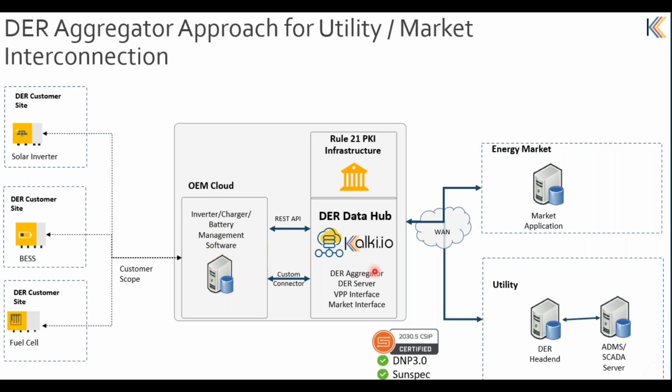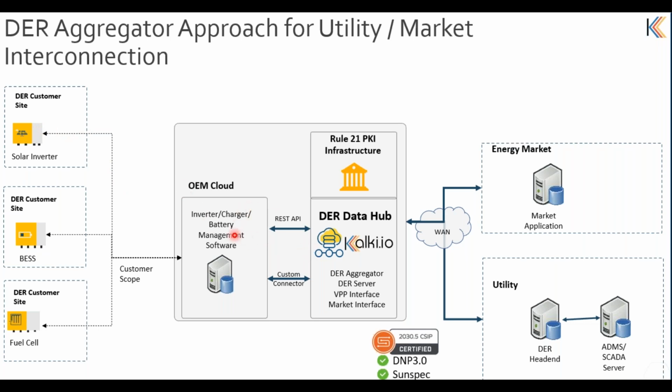This data can be exchanged with the Data Hub through a custom connector or REST API. And once data is available with the Data Hub, the data can be exchanged with the utility over 2030.5. So the Data Hub can also act as a DER aggregator or a VPP interface as well.